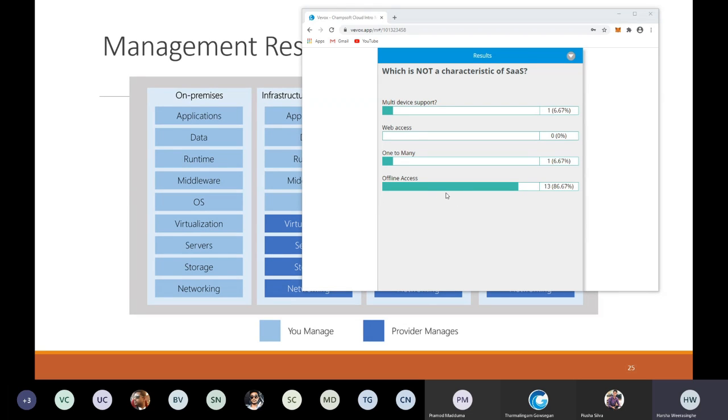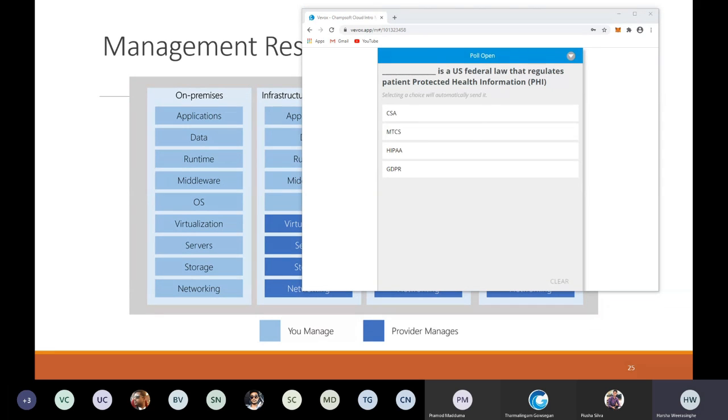The first thing you have to notice is that software as a service is a cloud service provided by a cloud vendor, so obviously you can't access it if you don't have internet. Offline access is not a characteristic; we can't use SaaS offline. You can't use Gmail or any software as a service based application hosted in the cloud if you don't have internet. So the answer is offline access.